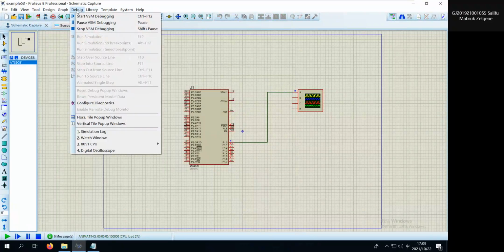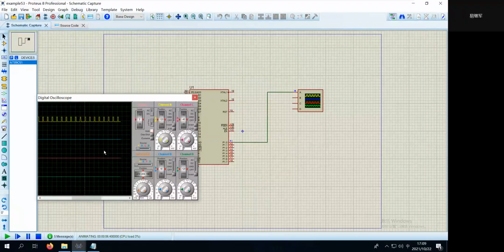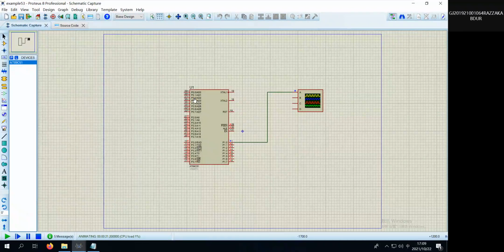Laoshi, is there a practical part of this course? Is there a practical part in this course? Practical class. You need to find some device in this software.